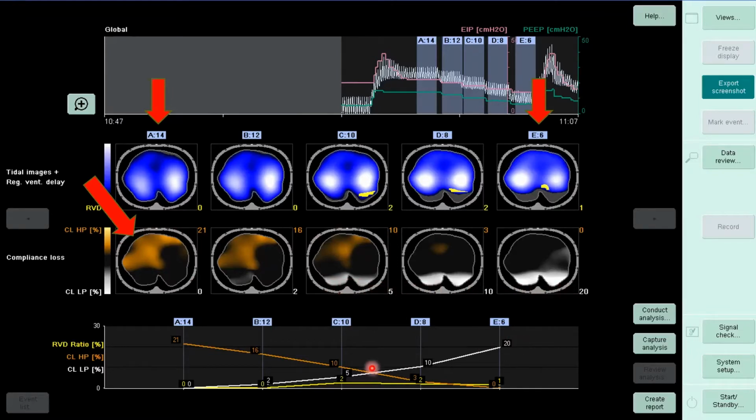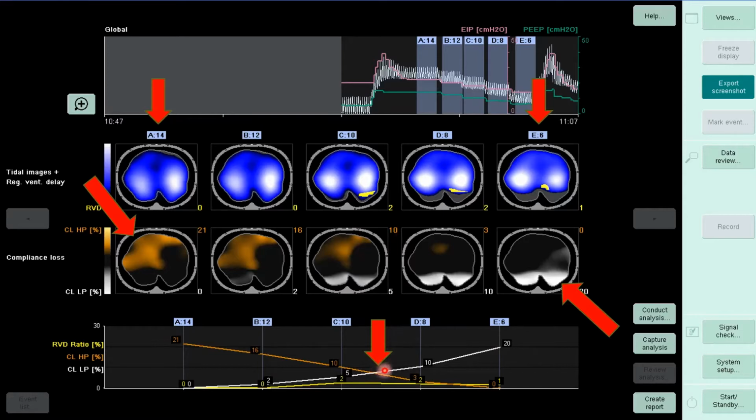So below here, there are these vectors, and it's the same numbers that you see up here, 21, 16, the same thing with the white, 20, 10. And usually where both of them meet, where they both cross, is basically the least overdistension and the least de-recruitment. So right about here would be ideal.